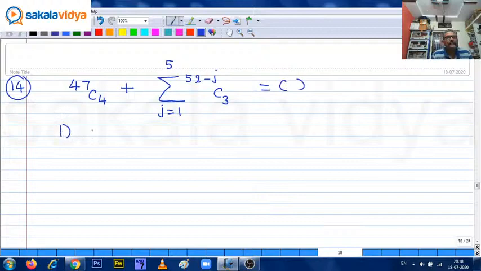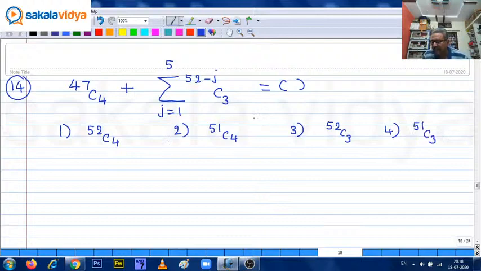First option 52C4, second option 51C4, third option 52C3, fourth option 51C3.